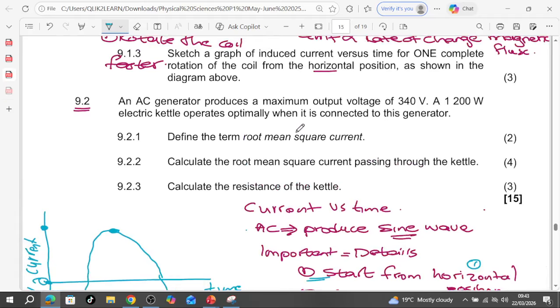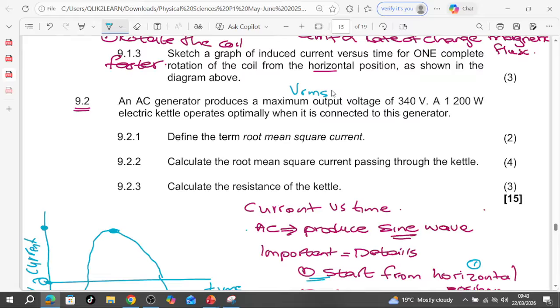So now an AC generator produces a max output. They say it produces a max output, so I know that they are talking about the maximum output voltage. This is my VRMS.